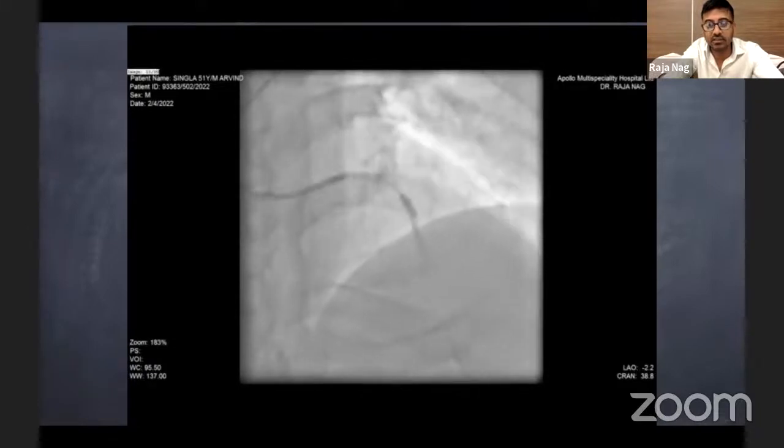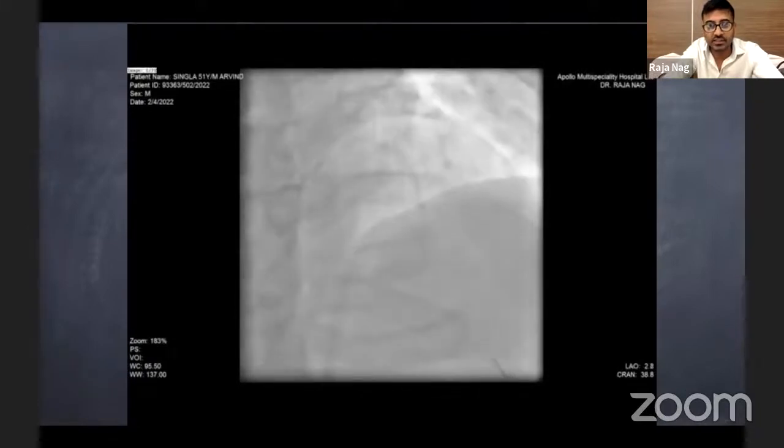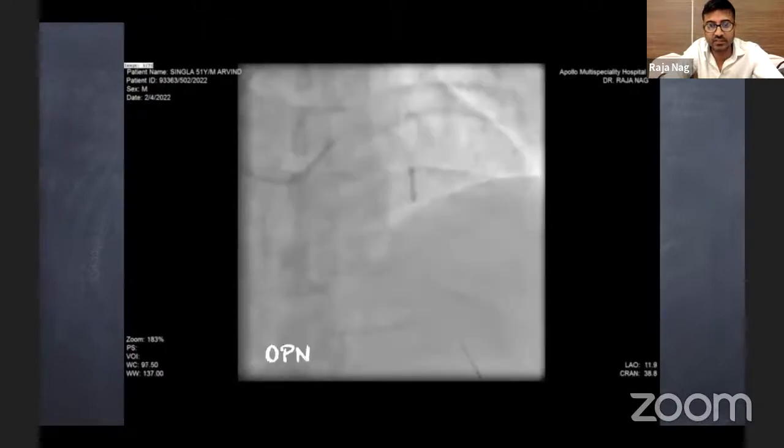I delivered all the shocks there. After that, this was how it looked. Even after that, I was not happy with the lesion preparation, so I went ahead with the OPN balloon and went with high pressures of up to 40.